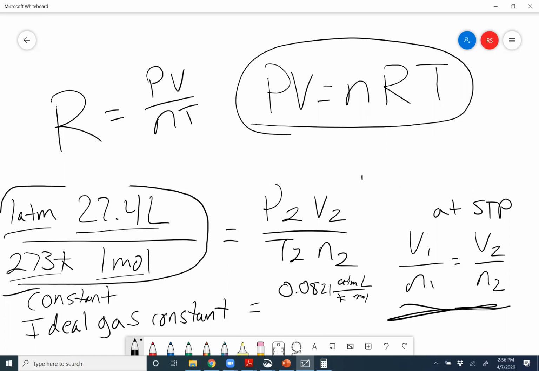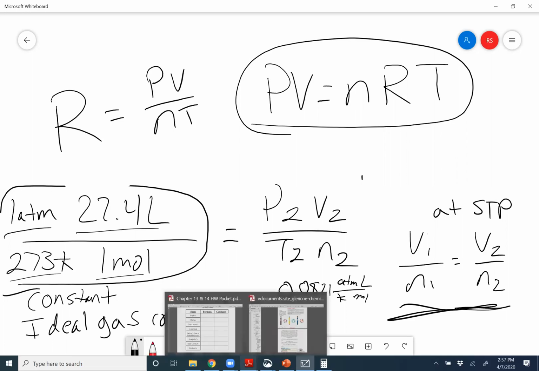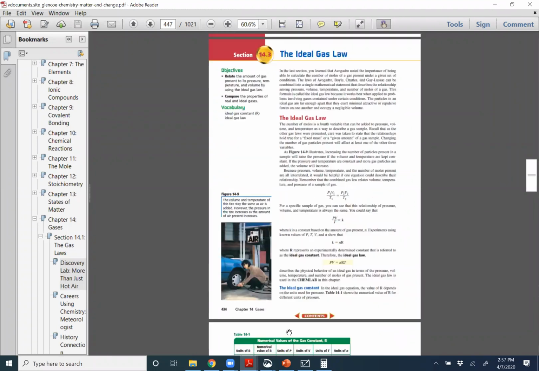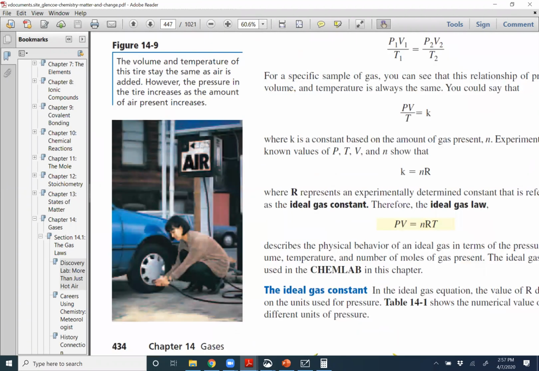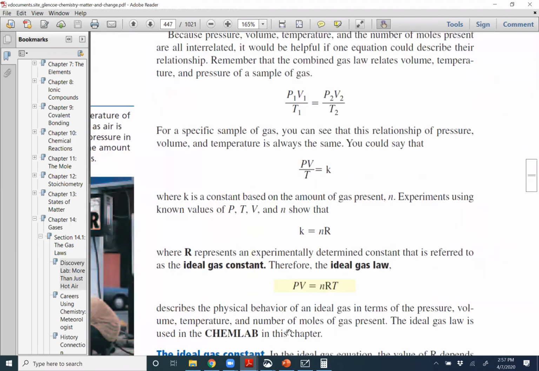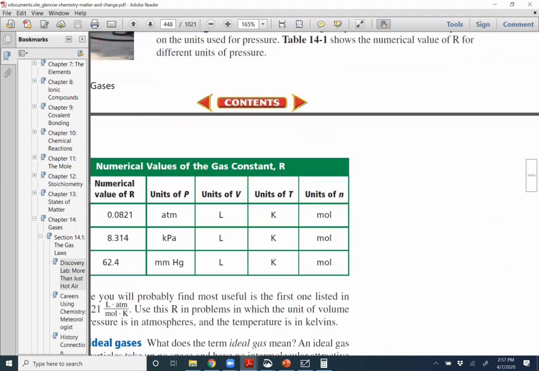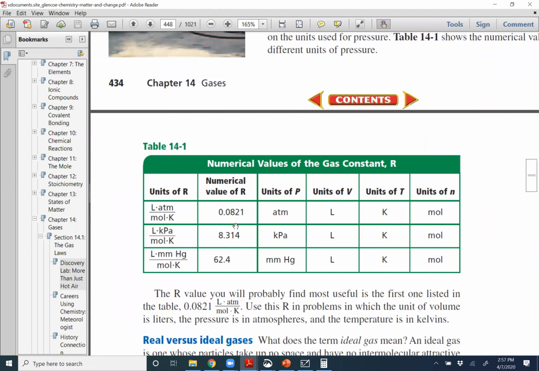If you read your book and they talk about R in 14.3, you'll notice that they call it the constant K, and then they just give it the name R there. K is nR or whatever. We now get PV equals nRT. You'll notice that they also give you different values for R, but the difference in them is the volume measurement.